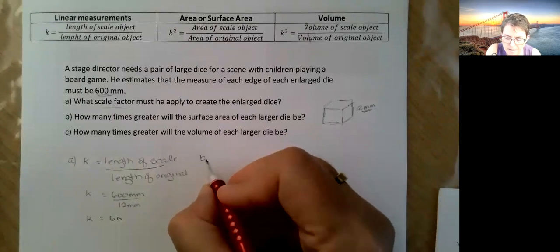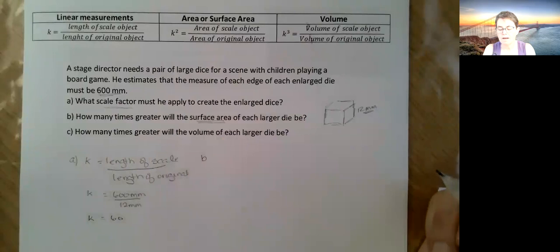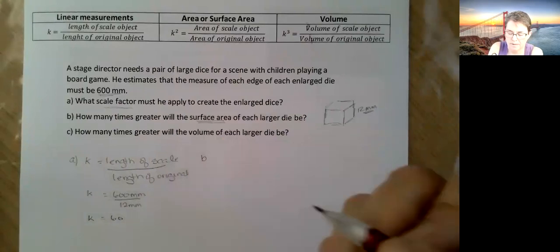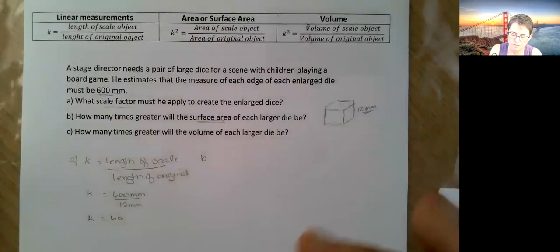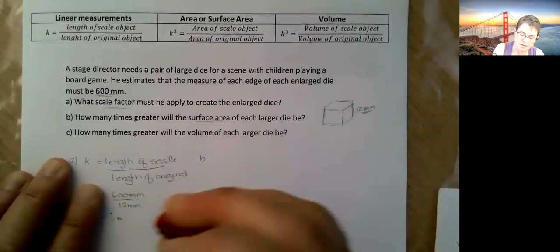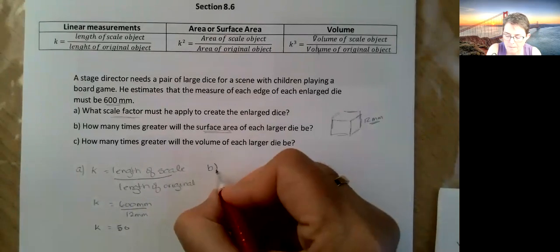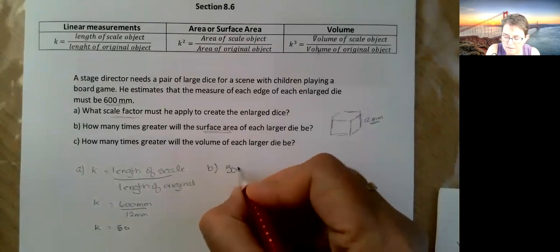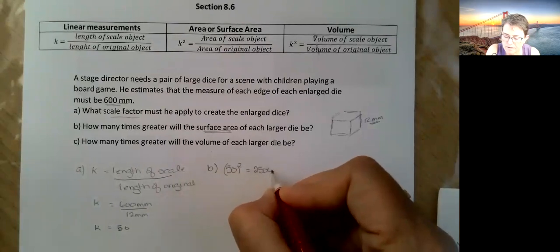So B. All right, so we're talking about surface area of each larger die. When we talk about surface area, we use K squared. Why did I write 60? So that should be 50 squared, which is going to be 2,500.